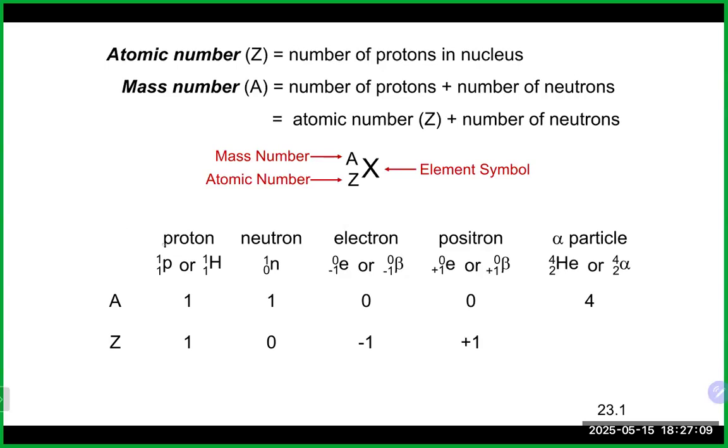For a proton, it is sometimes written as a P or a hydrogen. Also one that's used a lot in nuclear chemistry is a neutron. N is used for a neutron, 1 on top, 0 on the bottom. And again, this is how they change our mass numbers and our atomic numbers.